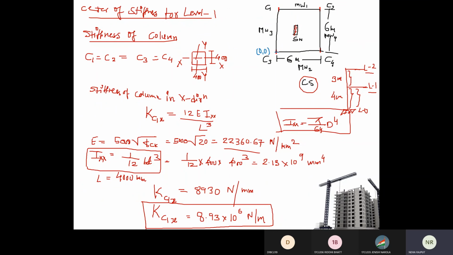The line passing through this center I am denoting as A grid. The line passing through the center of the columns placed here I am denoting as B grid, right?